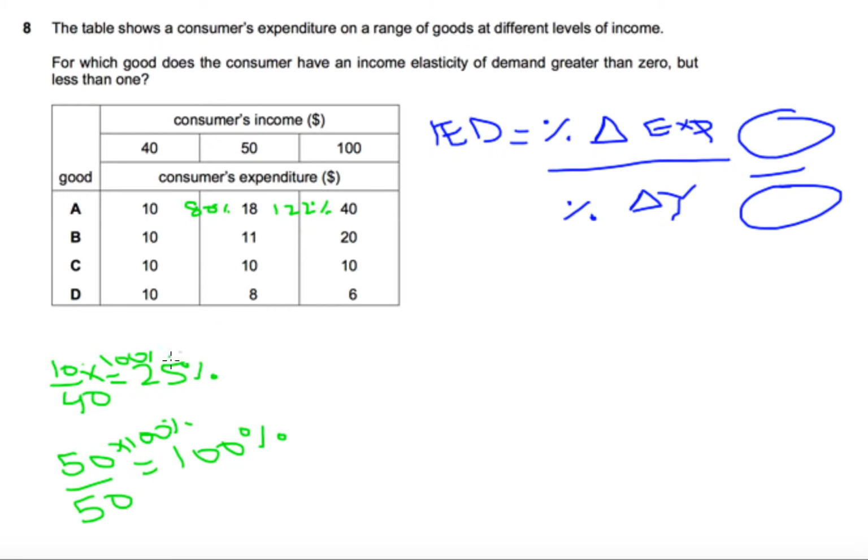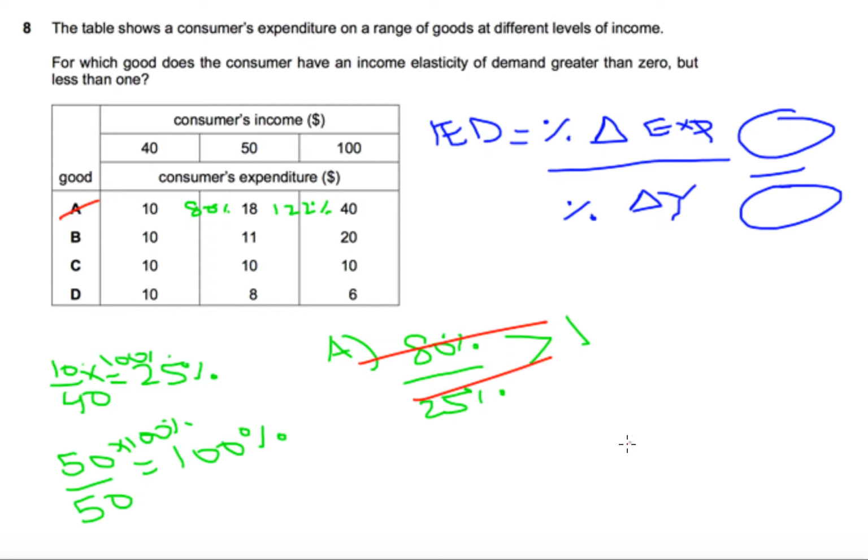So in the first part, we do the percentage change in expenditure, which is 80%, divided by the percentage change in income, which we know is 25%. We don't even have to calculate this. We know that this is greater than 1, and we want it to be less than 1. So we can cross this out, which means that option A is not possible.